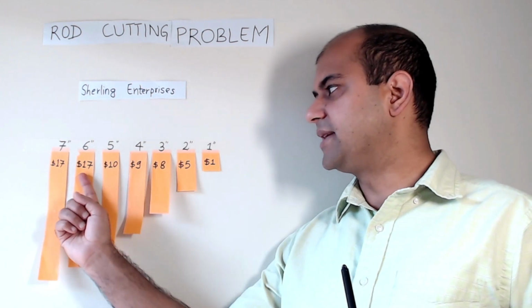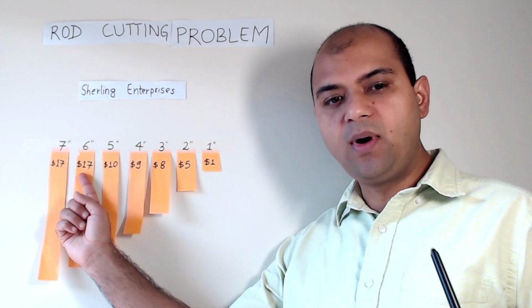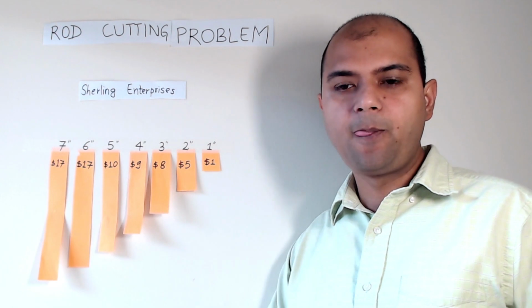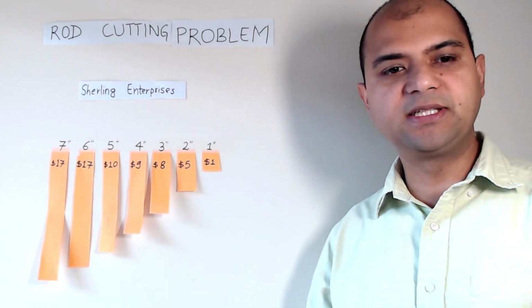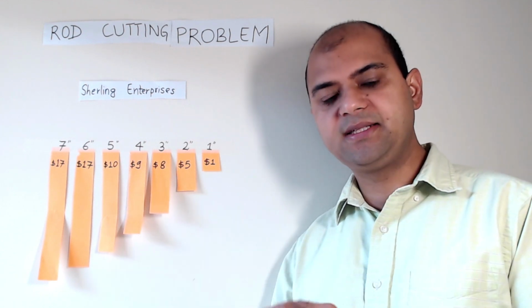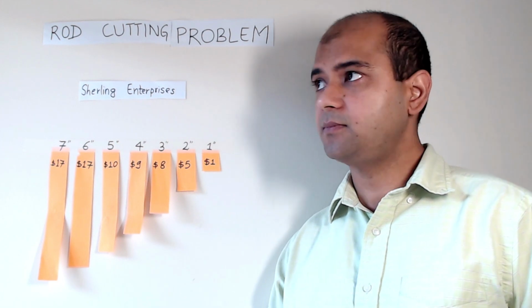But if I sell it as it is, then I'm going to make $17. So at this point, it's not wiser to cut this rod into any further pieces, right? These are the kind of decisions that we want our algorithm to look at and finally come up with the optimal cutting.